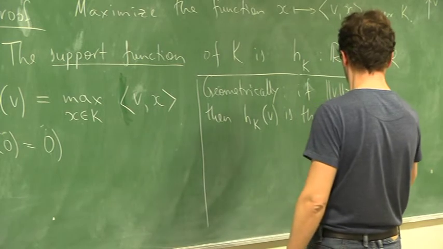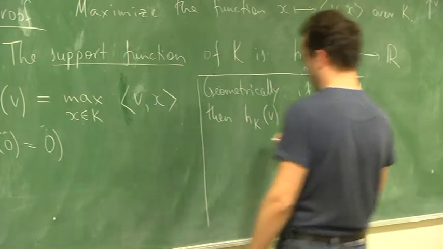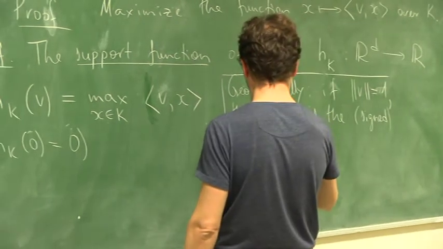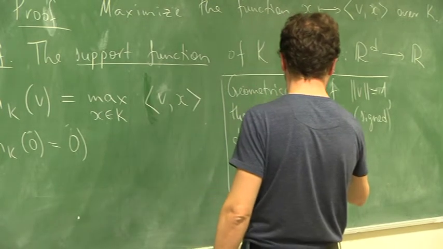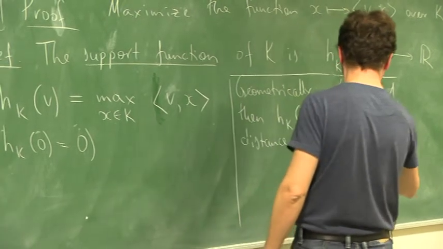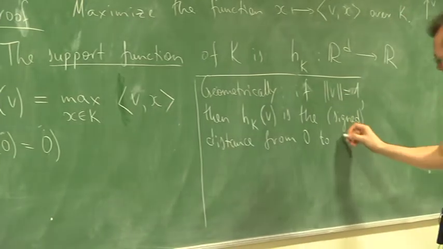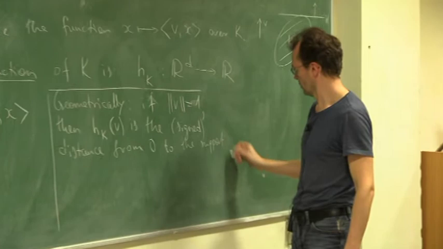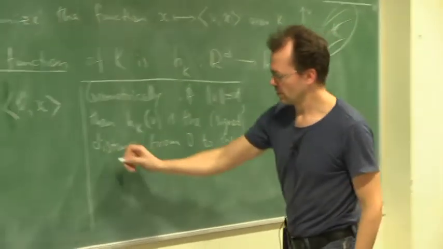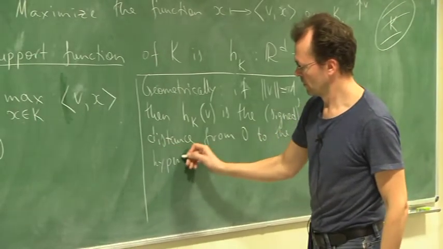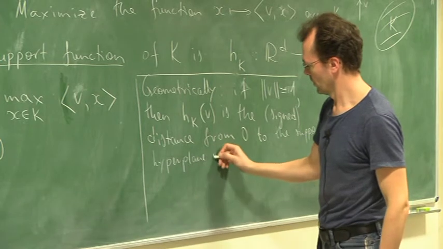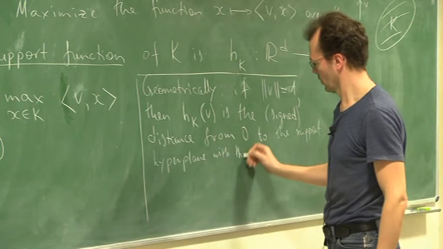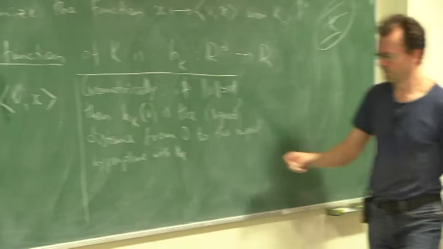So the signed distance from the origin to the support hyperplane with the outward normal v.